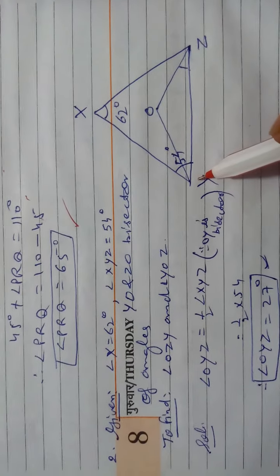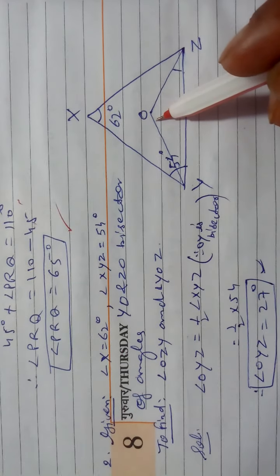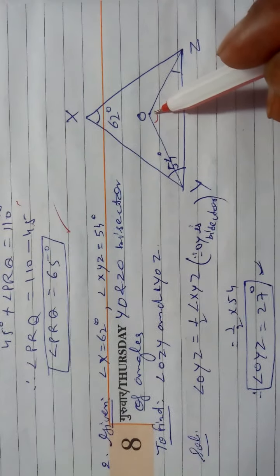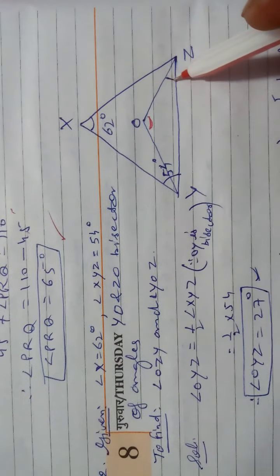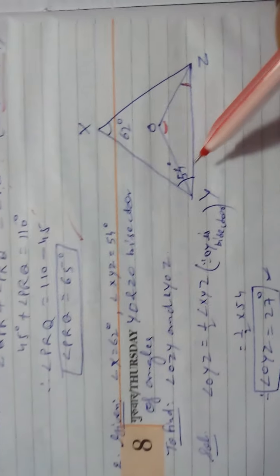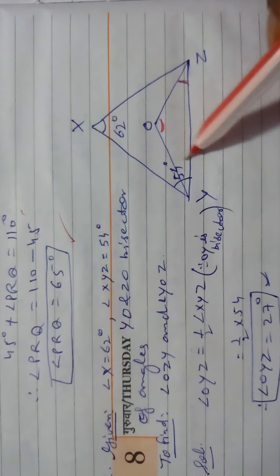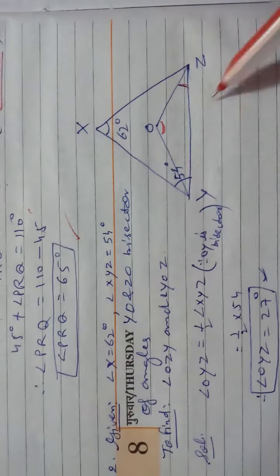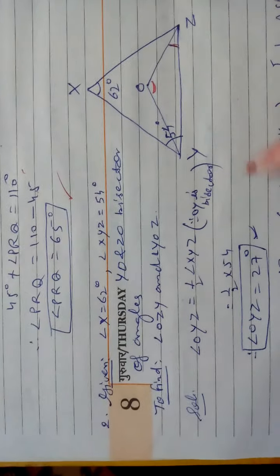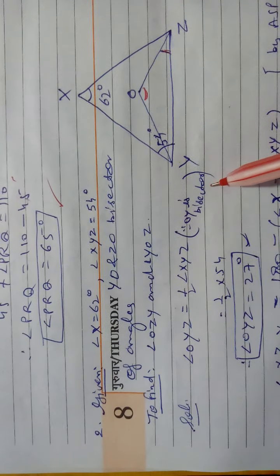You want OZY and YOZ. First find this angle. OYZ is half of XYZ, because OY is the bisector. So half of 54 is 27 degrees.